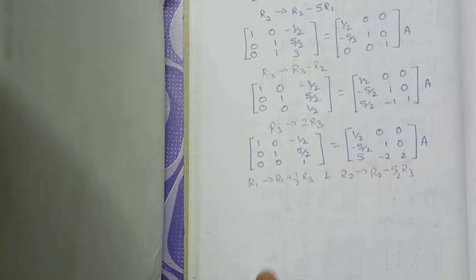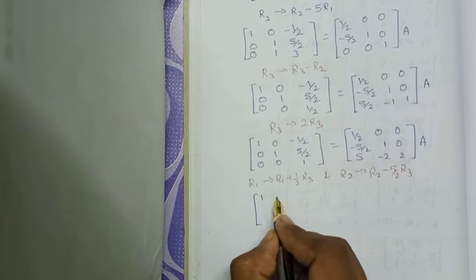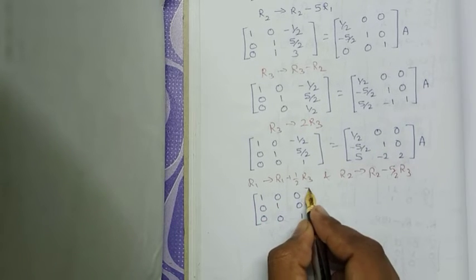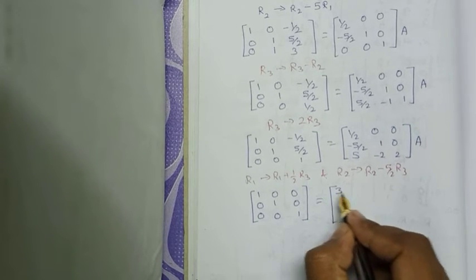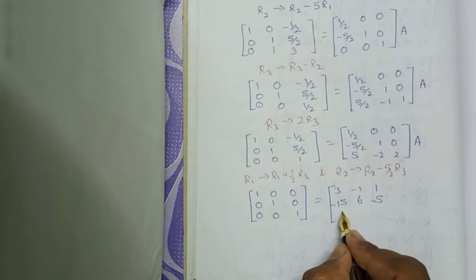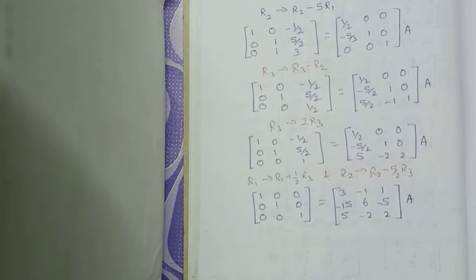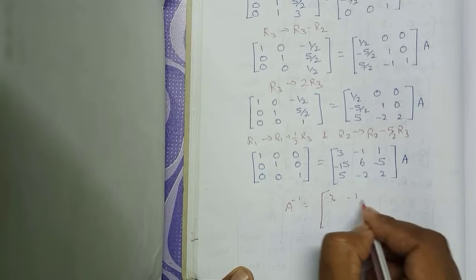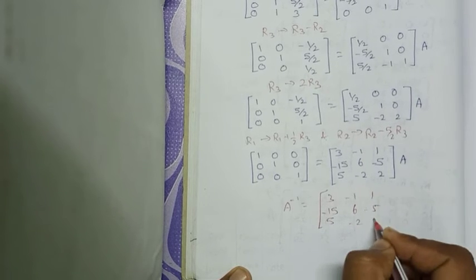We get 1, 0, 0, 0, 1, 0, 0, 0, 1, which is equal to the inverse matrix 3, minus 1, 1, minus 15, 6, minus 5, and 5, minus 2, 2 into A. Therefore, the inverse of the given matrix is A inverse, which is equal to 3, minus 1, 1, minus 15, 6, minus 5, and 5, minus 2, 2.